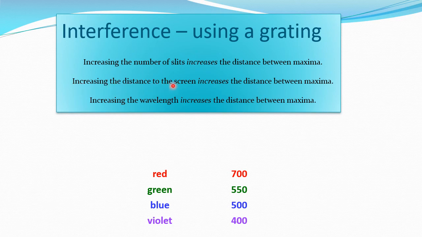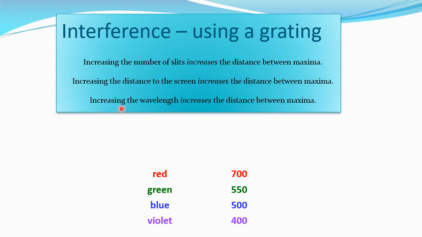Increasing the distance to the screen: what I mean by that is if we were doing this experiment in class and I was holding the grating quite close to, say, the projector screen, the maxima would be quite close together. But then if I walked back to the other end of the classroom and pointed it at the projector screen, then the maxima would be further away from each other.